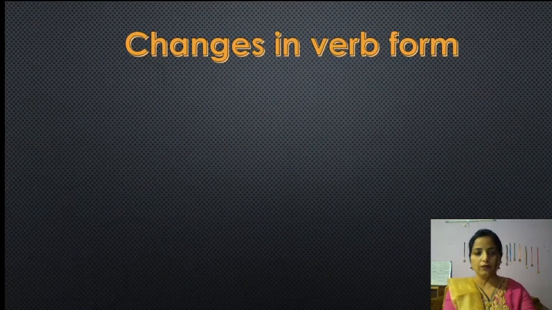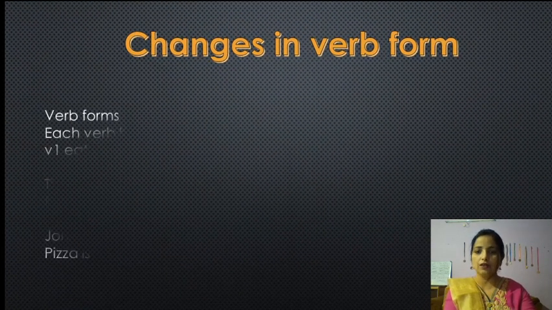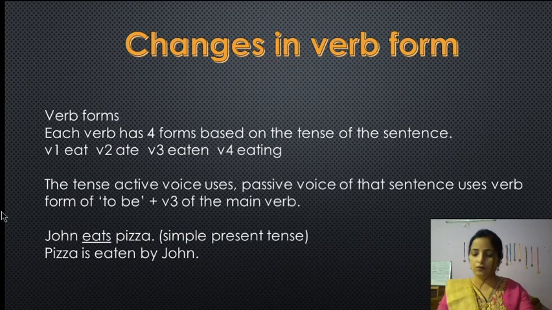So what do we have here? Changes in verb form. So what changes are we talking about? These are the changes that take place in a verb form when we are changing a sentence from active to passive. Each verb has four forms based on the tense of the sentence.